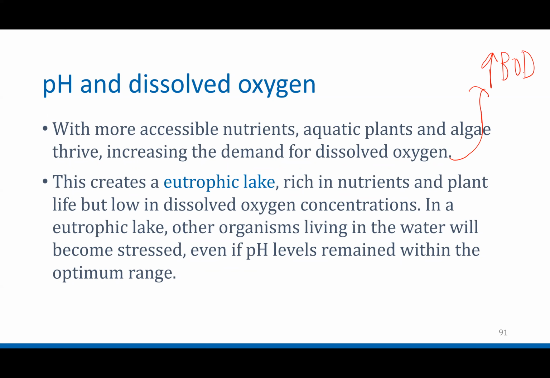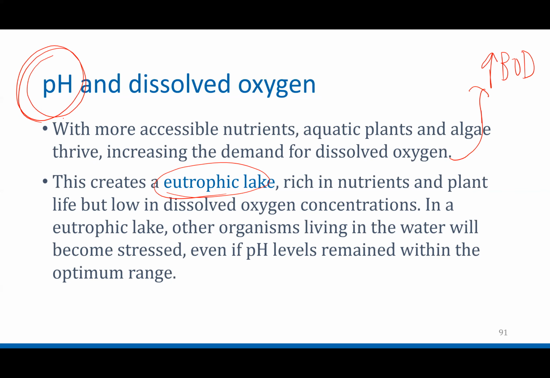And if there is a lake or a water ecosystem that has a lot of aquatic plants and algae, they're thriving, they're growing, the biological oxygen demand gets higher, you can create something called a eutrophic lake. This is a lake rich in nutrients and plant life, but low in dissolved oxygen concentrations. Other organisms suffer again. So this can all happen with changes in pH.